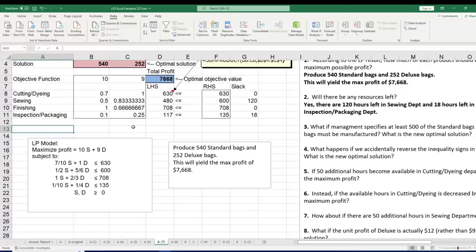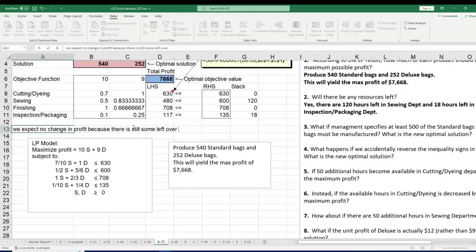So we expect no change in profit, because there is still some leftover, i.e. slack is positive. So having more resource shouldn't make a difference.